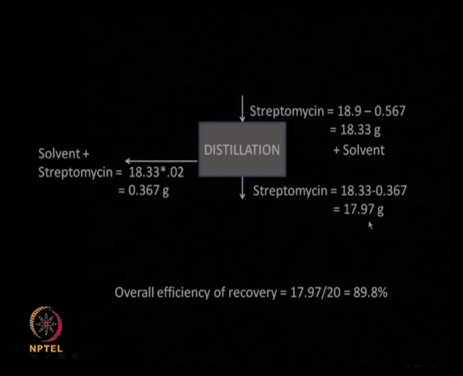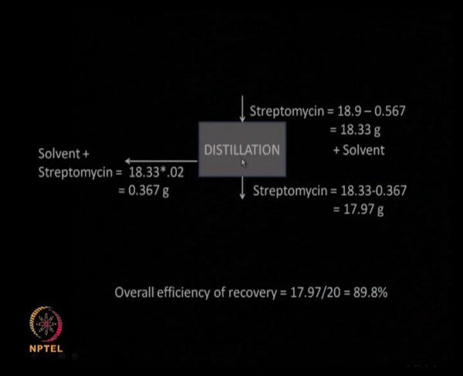So you started with 20 grams of streptomycin in the mother liquor after fermentation, then you have a filtration where some liquid is lost with the biomass, so some streptomycin is lost, then you have an extraction where the solvent is able to remove only 97% of the streptomycin, so remaining 3% is lost, and then after that when you do the distillation 2% of the streptomycin is taken away by the distillation process.